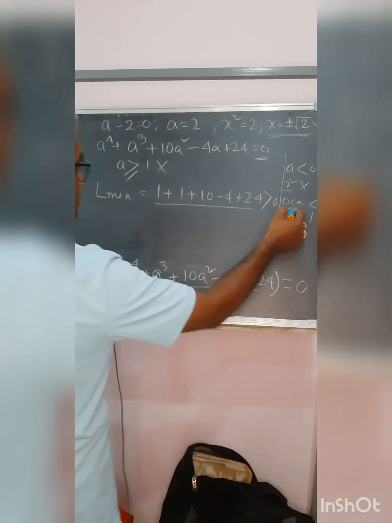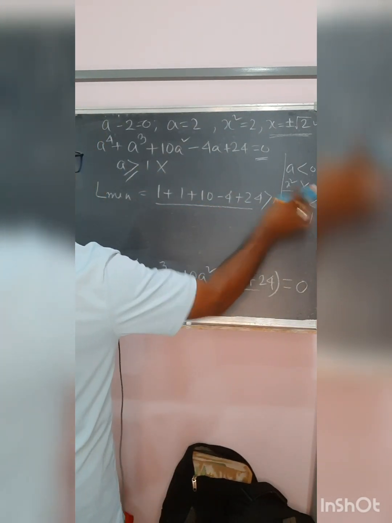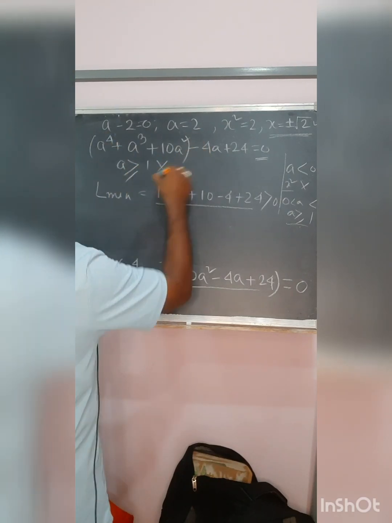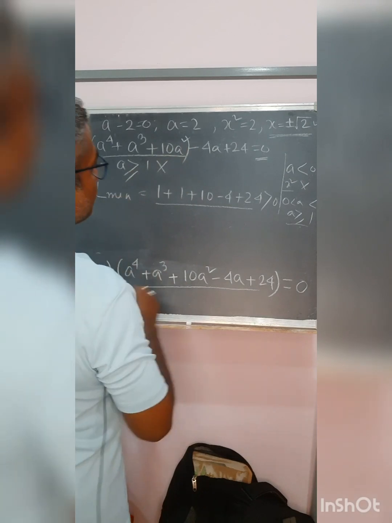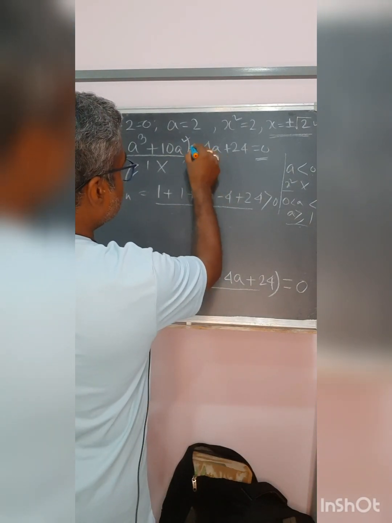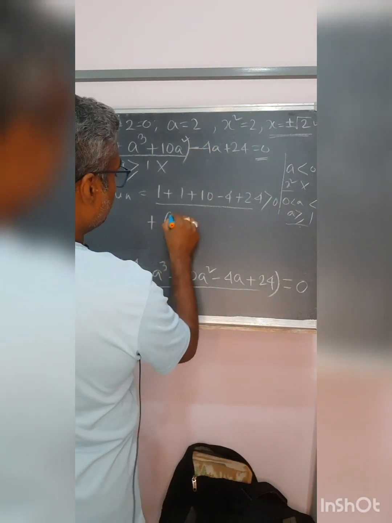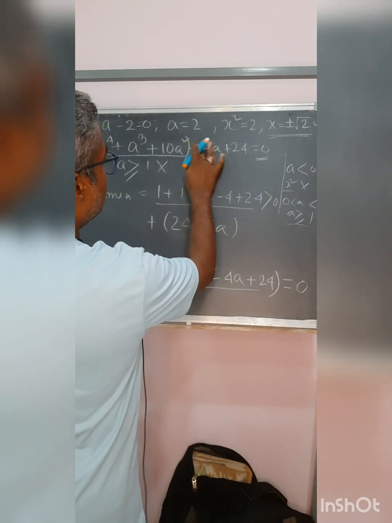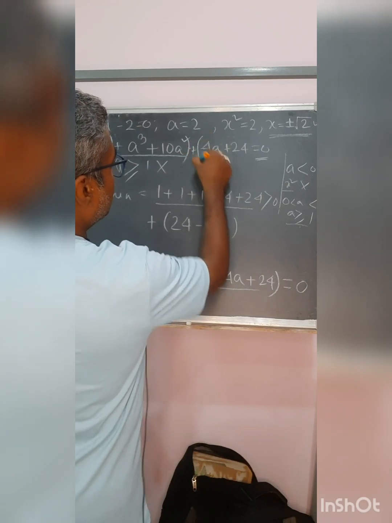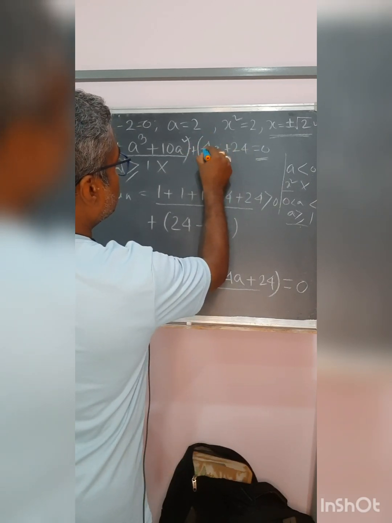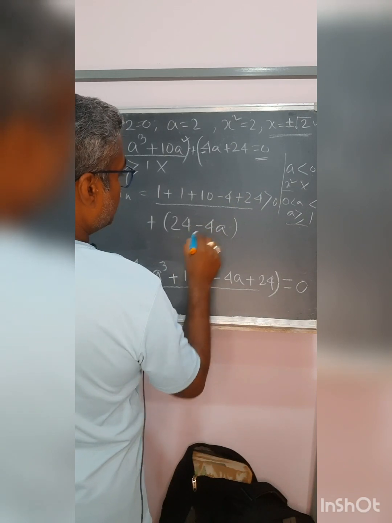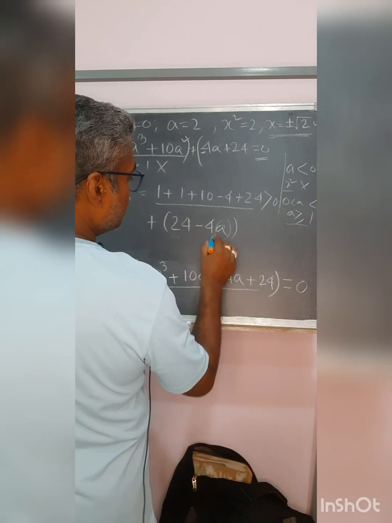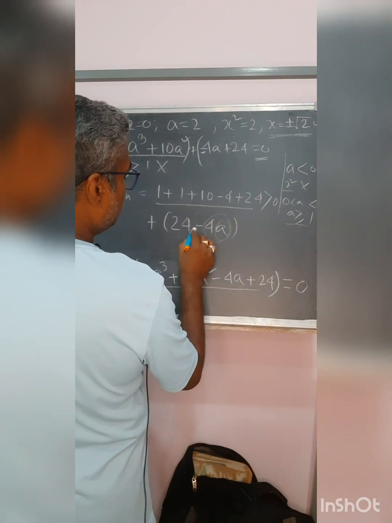Now, come to where a could be a fraction. If a is a fraction, this part is positive, and if I check the other part, it is 24 minus 4a. For any value between 0 to 1, this value cannot be more than 24.